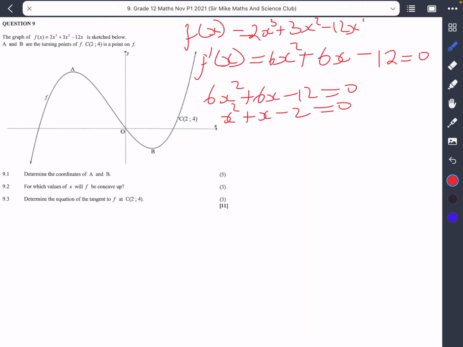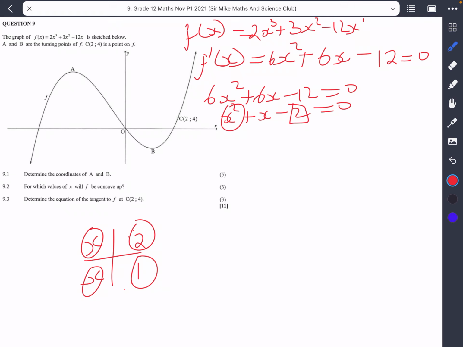The factors of x² would be x and x, and the factors of negative 2 would be 2 and 1. Remember that it is negative, so one of these numbers must be negative, but I don't know which one. Multiplying 2 by 1 gives me 2.